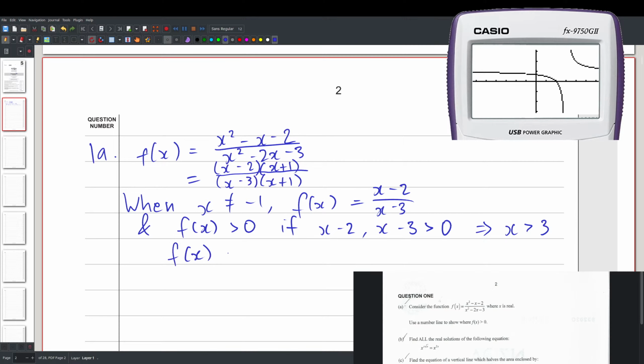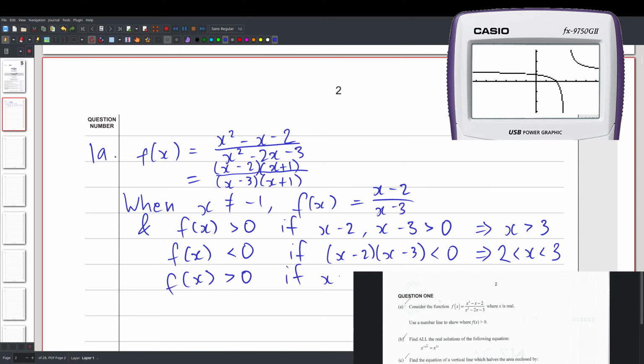If one of them is bigger than 0 and one is less than 0, that occurs when x is between 2 and 3. If both are less than 0, that occurs when x is less than 2, and x equals -1 is excluded.